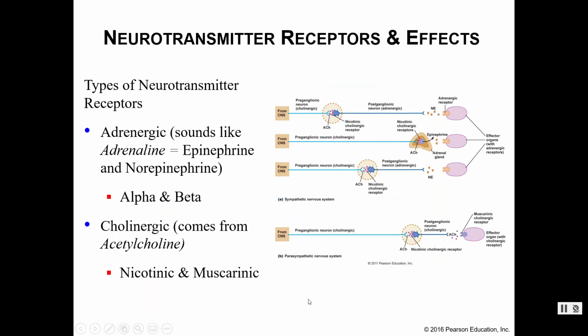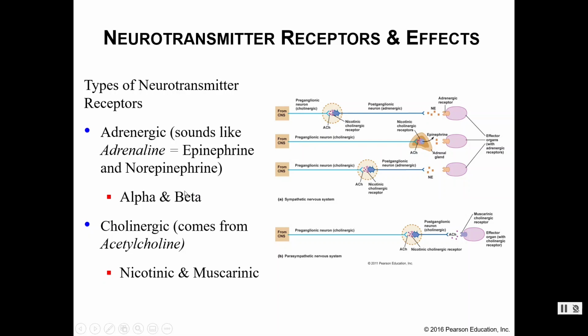So let's talk about receptors. We've got two main categories that we're going to talk about. We've got adrenergic and we've got cholinergic. Adrenergic, like adrenaline, which is another name for epinephrine. And we also have noradrenaline, which is norepinephrine. These come in two varieties. We've got alpha adrenergic, we've got beta adrenergic.